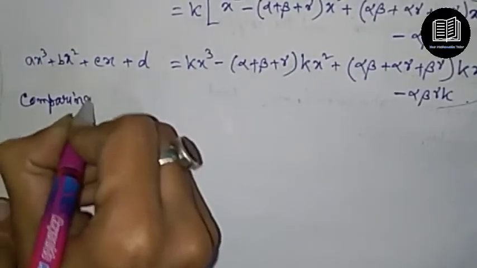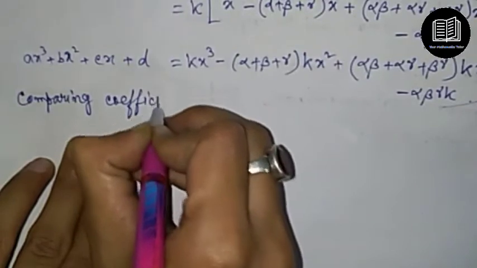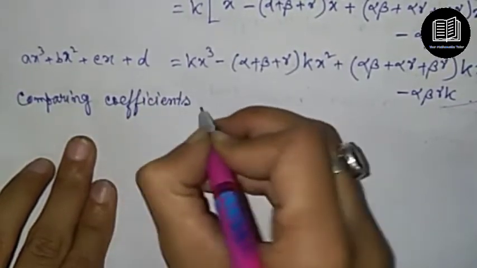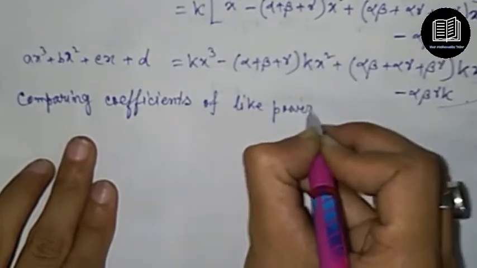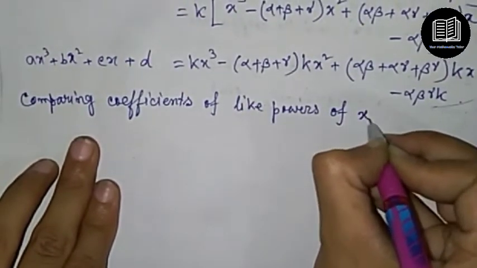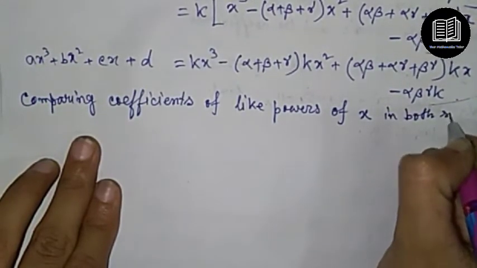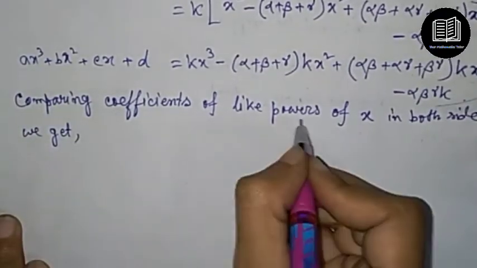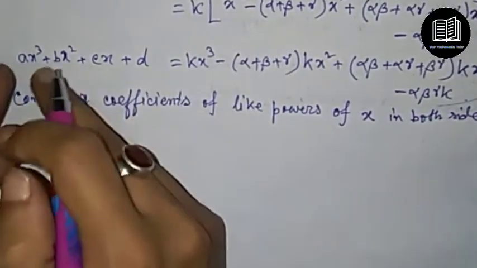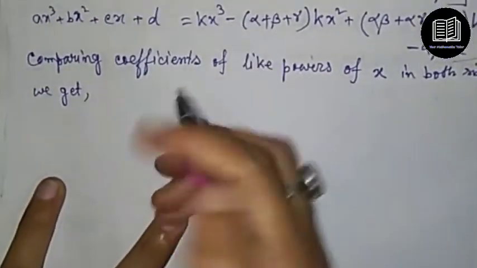So comparing coefficients of like powers of x on both sides, we get, like powers meaning same powers, that is x cube, x square. Okay, we can compare like this.